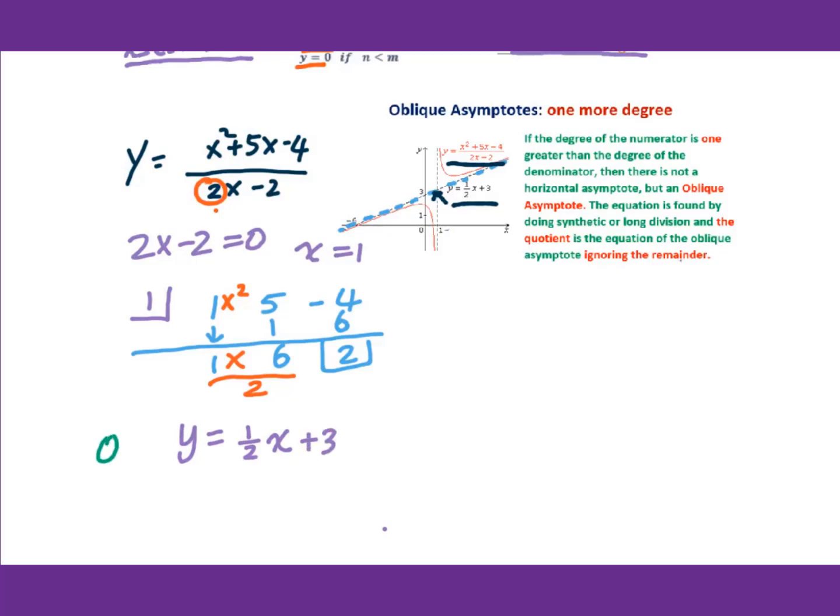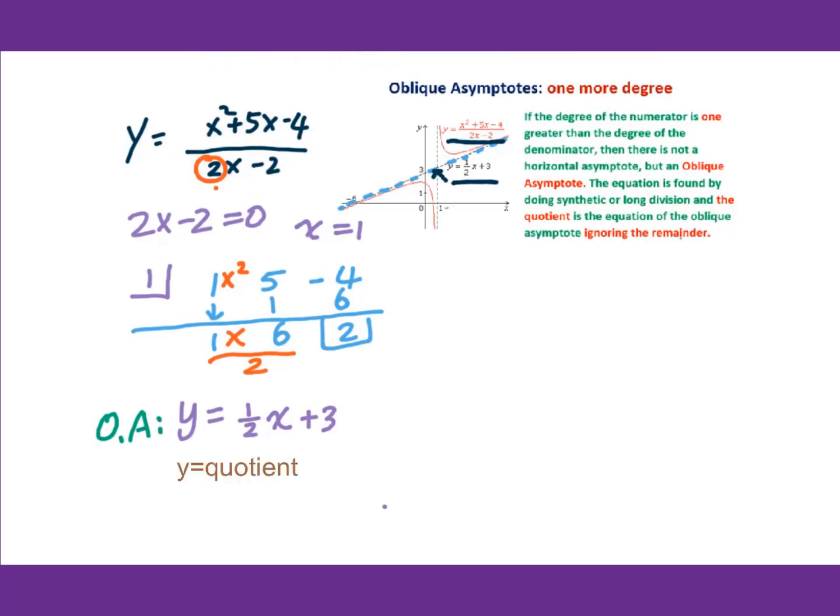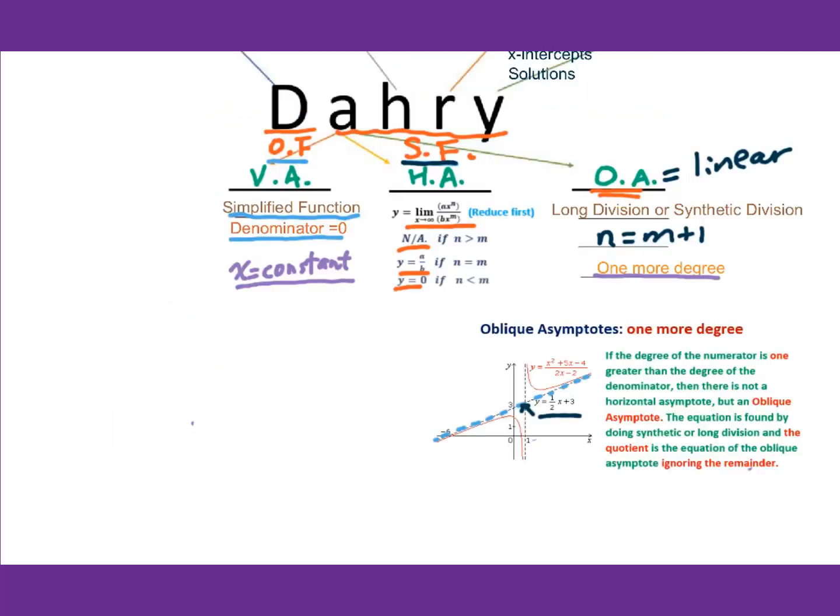This will be the oblique asymptote line. So we need to remember the oblique asymptote will be y equals the quotient. For the horizontal asymptote line and oblique asymptote line, just remember either or neither. They never happen at the same time.